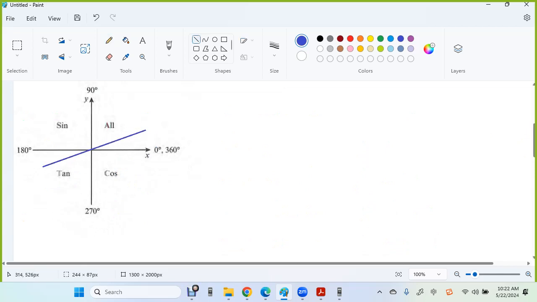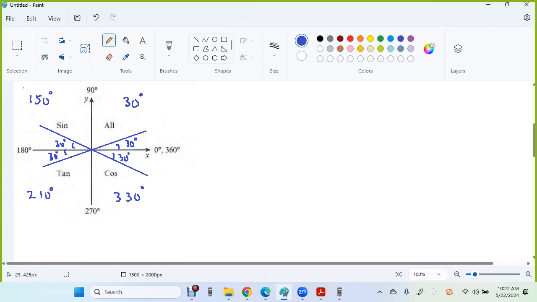Okay, next I show you the sign here. So in case we have 30 degree here, 30 degree, 30 degree, and 30 degree here. So the first quadrant is 30 degree, the second quadrant is 150, third quadrant is 210, and the fourth quadrant is 330 degree. Why?